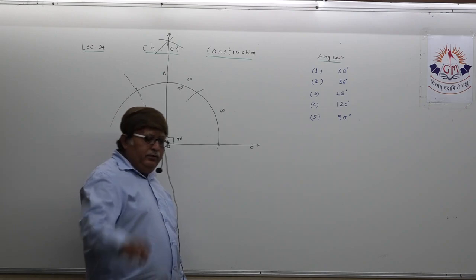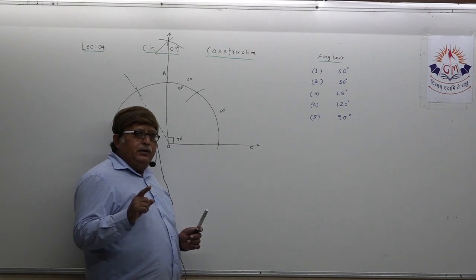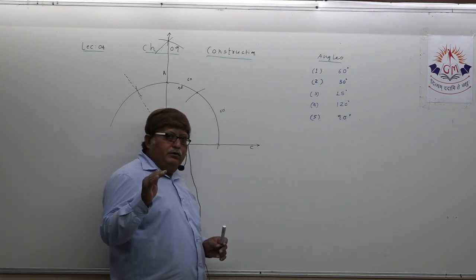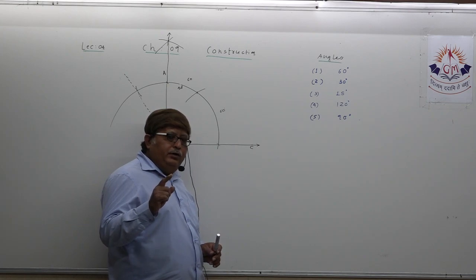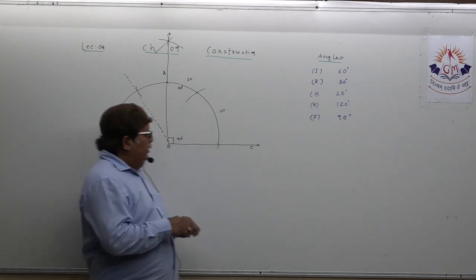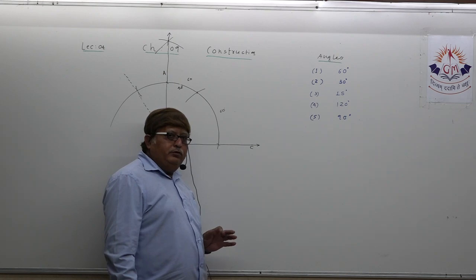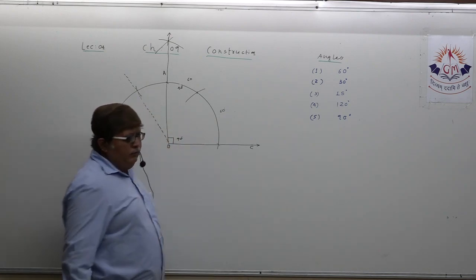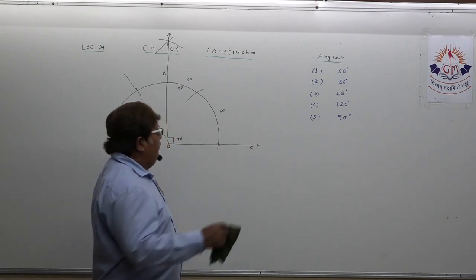Now we are targeting two angles, 105 degree and 75 degree, because if you want to construct angle of 105 degree or 75 degree, you have to construct compulsorily angle of 90 degree. Angle of 90 degree will help you to construct either angle of 105 or angle of 75 degree.